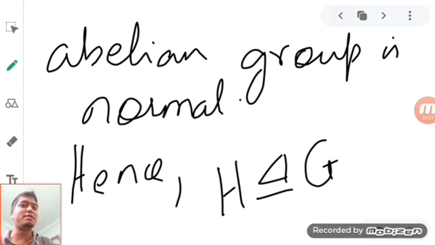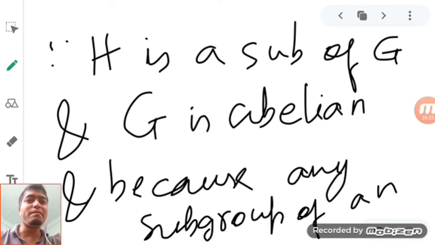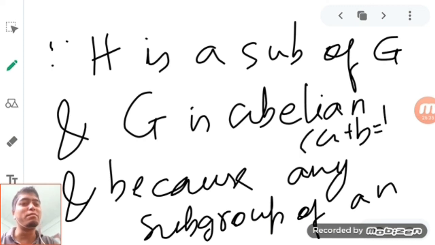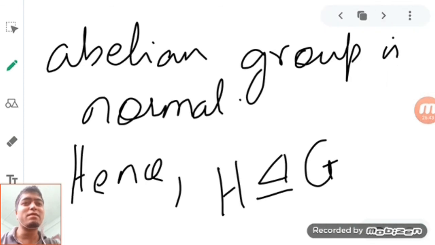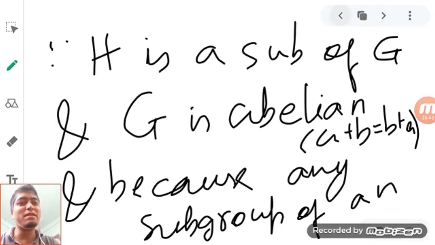Again, let us see our argument. We have got that H is a subgroup of G, that we can prove. And we know that G is abelian, because the group of integers with respect to plus is abelian, that is a plus b equals b plus a. And because any subgroup of an abelian group is normal, this statement over here is the theorem.